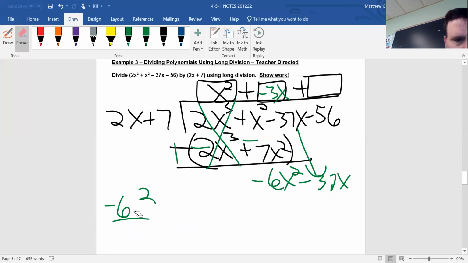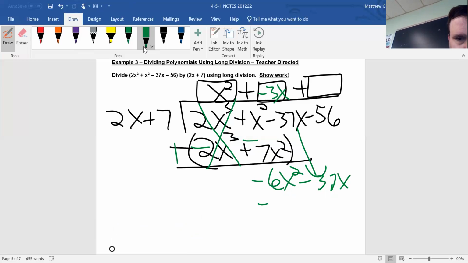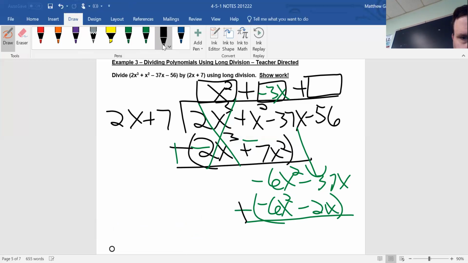And then distribute negative 3x to 2x plus 7, and we get negative 6x squared. Negative 3x times 7 is negative 21x. And we just subtract vertically, so add the opposite. So the 6x squares cancel. Negative 37 plus 21 is negative 16. And now we're going to bring down 56.